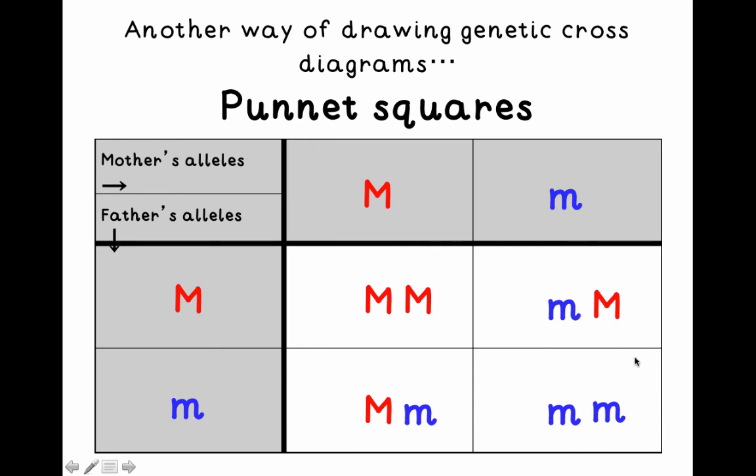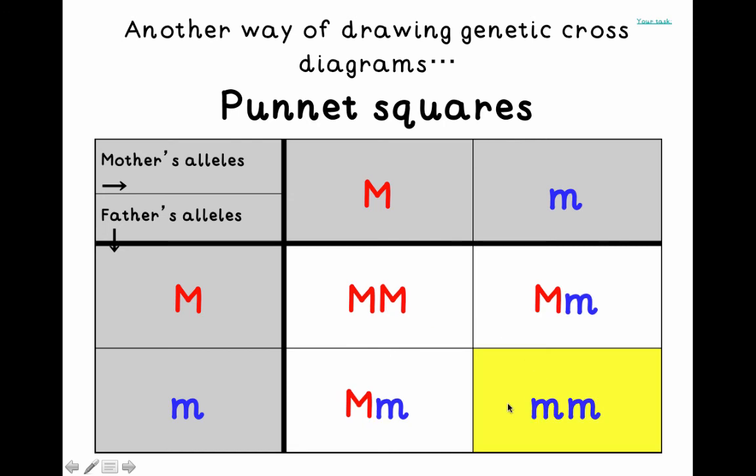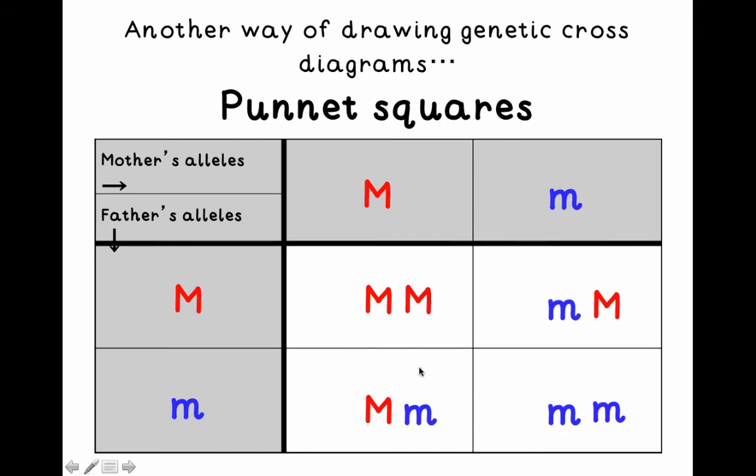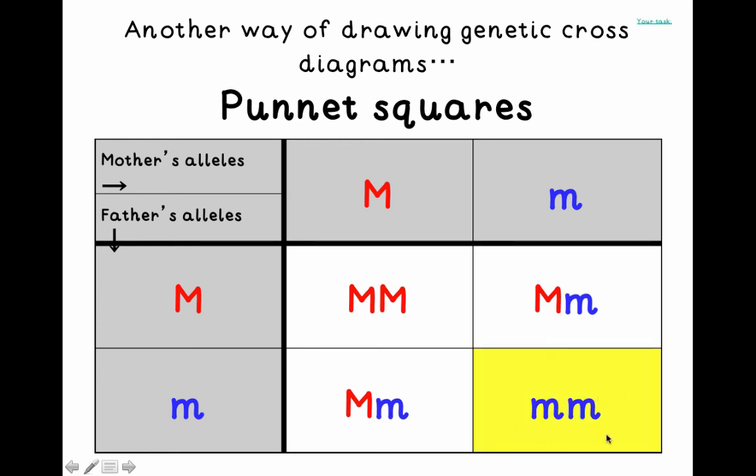So if this is 100% of the probabilities of the child, we can divide this squares. 100% divided by 4 will give us 25% in each little square. And here we can see super easy that the only one that could have been a magical wizard is in the last one. 25% chance for this mother and father of having a wizard such as Hermione.